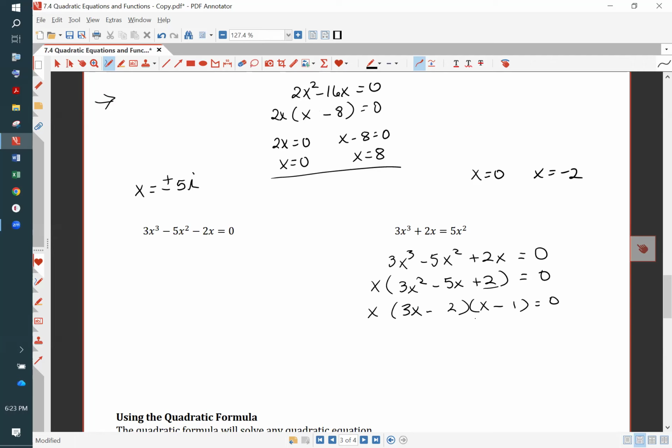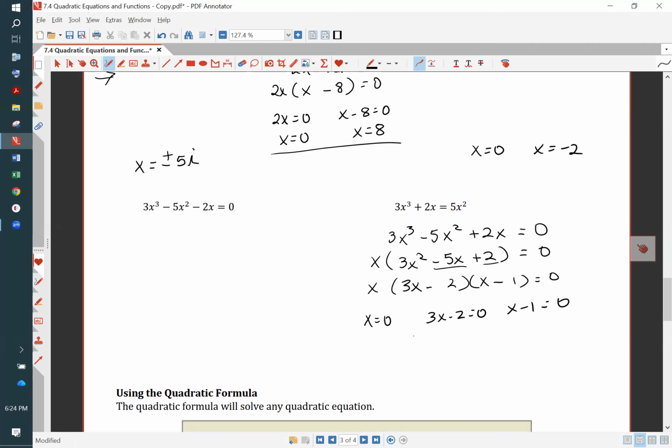Let's see. We've got minus 2x minus 3x as our inners and outers, and that does equal our minus 5x. So that is the correct factorization. So x equals 0, 3x minus 2 equals 0, x minus 1 equals 0. Three x equals 2, x equals 2/3 there, and x equals 1 here.